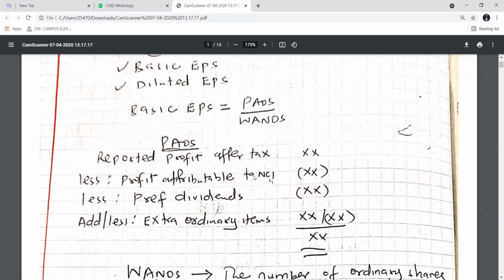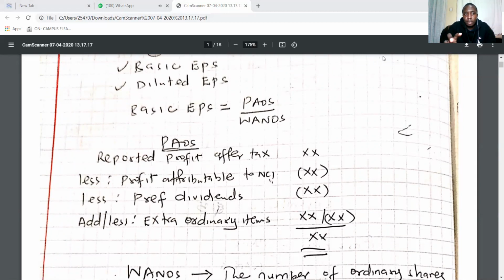After the reported profit after tax, you are supposed to subtract the profit attributable to NCI. After this, remember you have again to check if there were some dividends attributable to the preference shareholders.